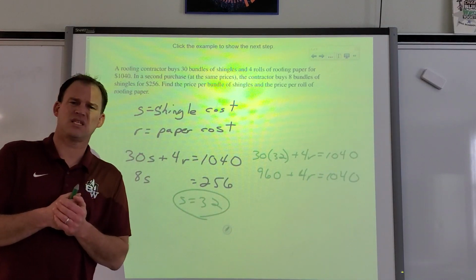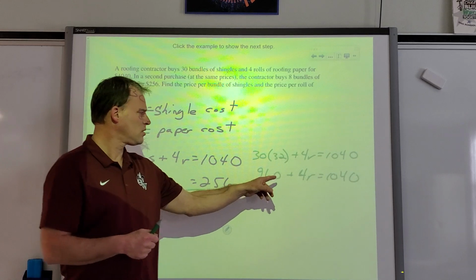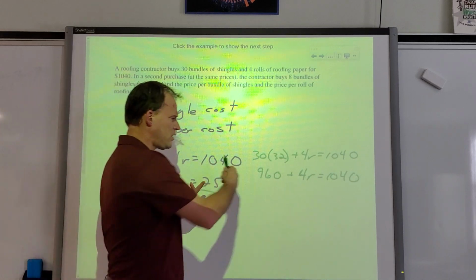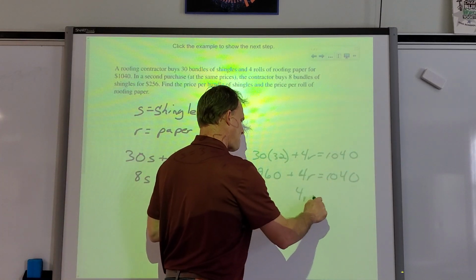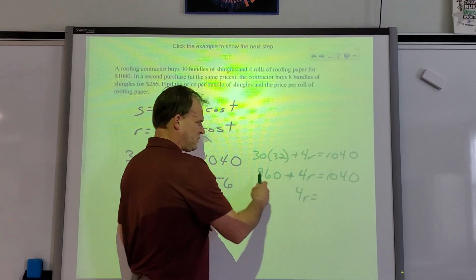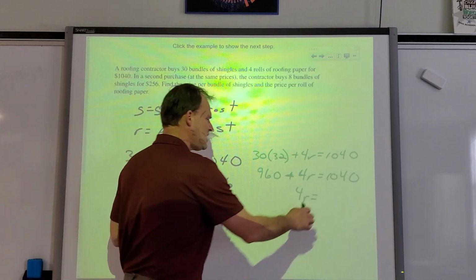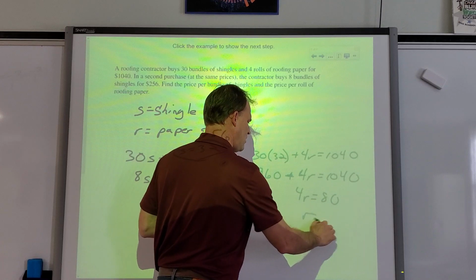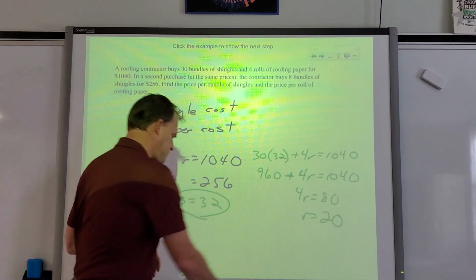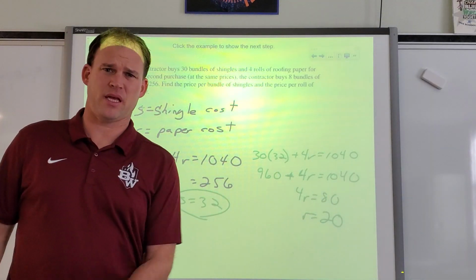So I spent $960 on shingles on this first purchase. How much was the roofing paper? Well, we can just subtract. 960, 1040, that's 80. Divide. Roofing paper's $20.